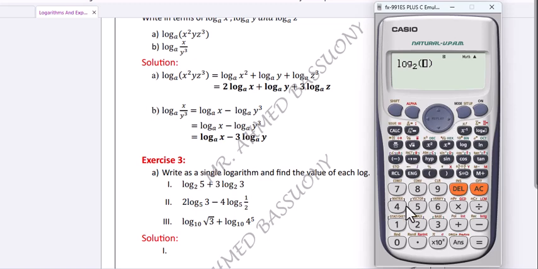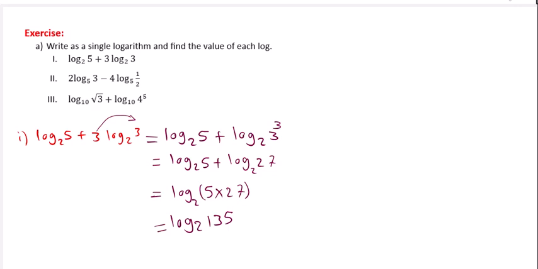Log base 2 of 135 is equal to 7.076. It can be 7.08. Done with the first one. Let's go and solve the second one.